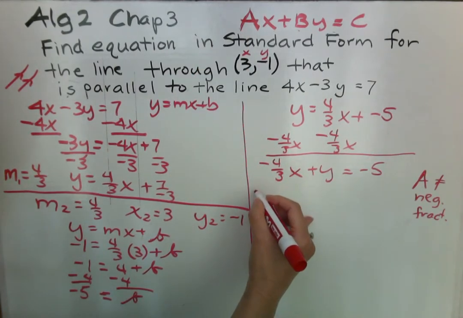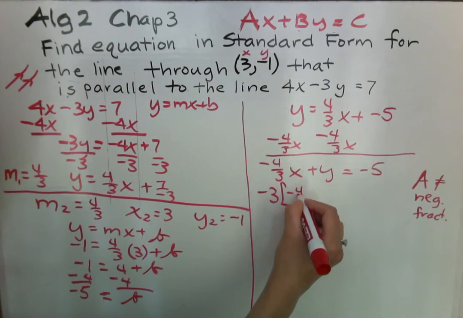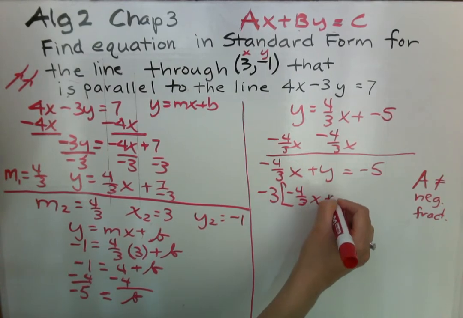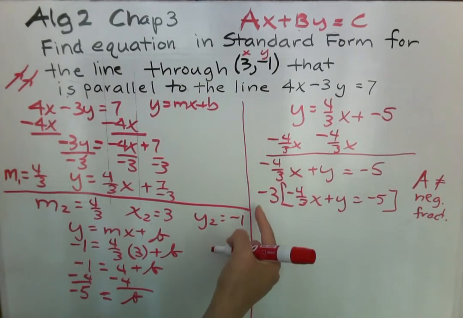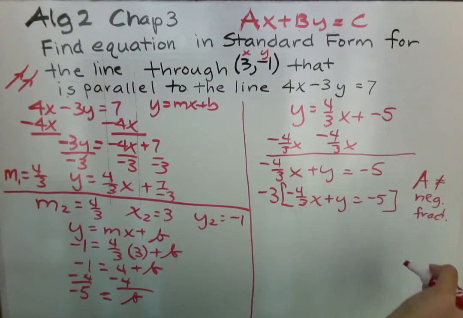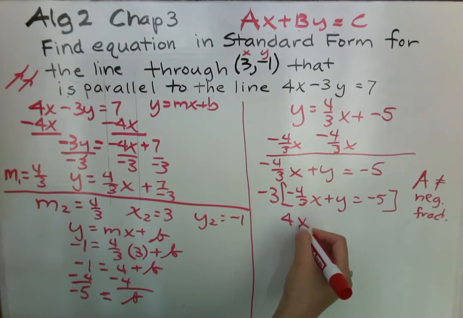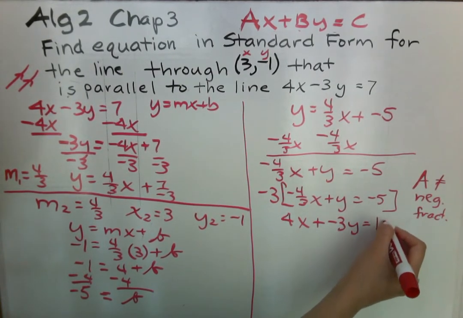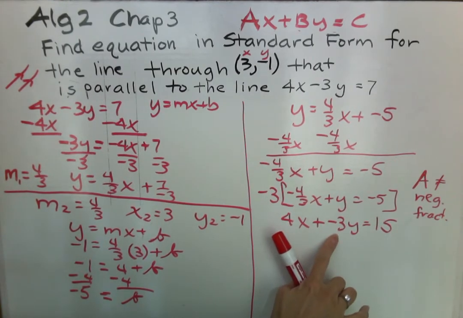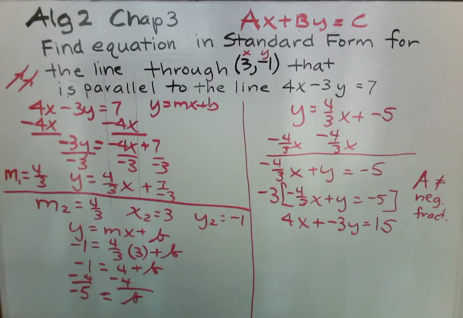So I'm going to multiply the whole entire thing by -3 in order to get rid of the fraction and the negative number, right? If I distribute to the whole entire equation, I end up with 4x plus -3y equals positive 15. Now it's okay if b is negative. The rule is a cannot be negative and it cannot be a fraction.